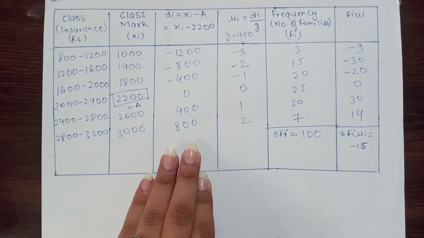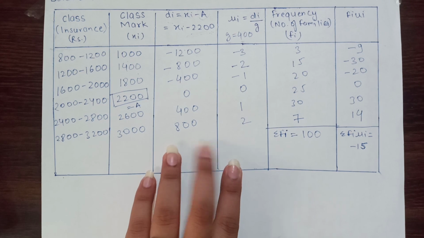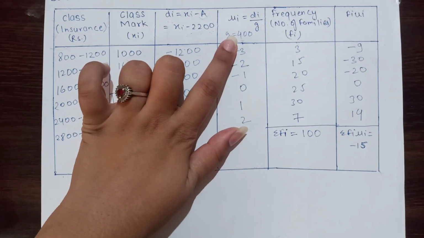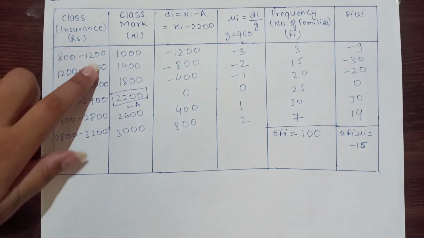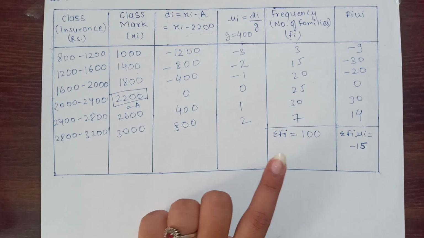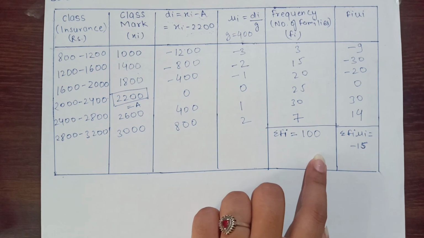After that the GCD of all values of di is written in the fourth column, that is we have taken g equals 400. It is the difference of the numbers of the first column. Then the corresponding frequencies are written in the fifth column, and the product of fi into ui for each class is written in the sixth column.